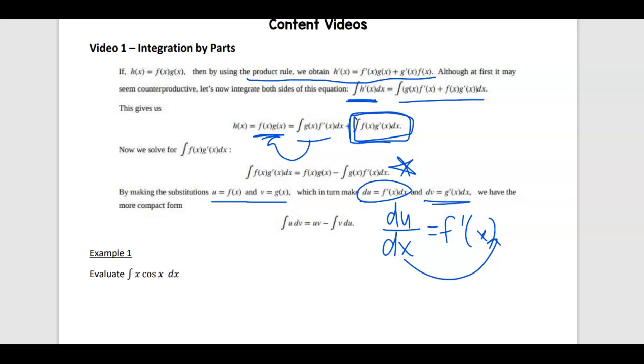Same thing with dv dx equals g prime, move the dx over. And instead of all of this notation here, we're going to use some shortcuts. So we say the integral of u dv equals uv minus the integral of v du.